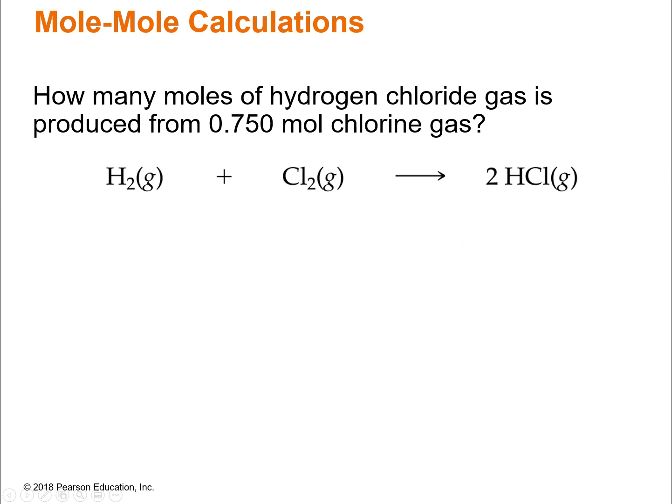Let's do one more. So you'll notice that all of these are gases, and that's okay. We're still dealing with moles. Doesn't matter if it's solid, gas, whatever. How many moles of hydrogen chloride gas are produced from 0.75 moles of chlorine gas?